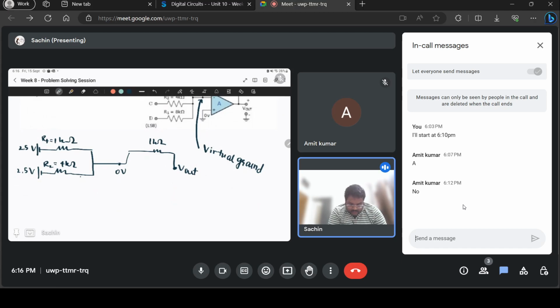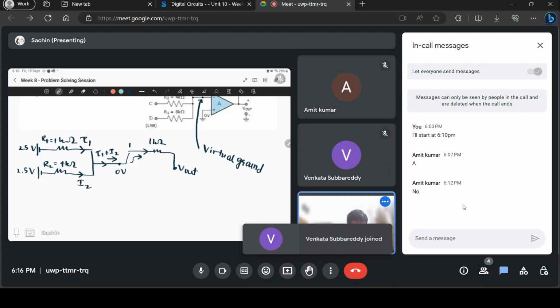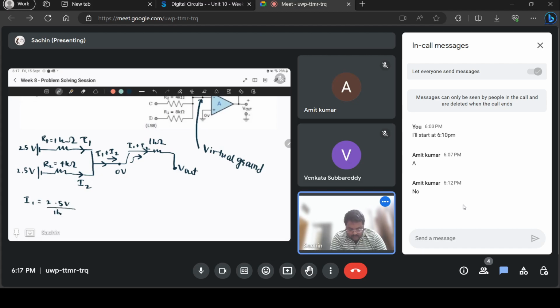So you can apply KCL. The current coming into this node is the same as the current leaving this node. What is the current coming to that 0 volt node? The current coming here is I1, this is I2. This will be I1 plus I2, and the same current will be flowing here. So I1 will be 2.5 volts by 1 kilo ohm, which will be 2.5 milliamperes.